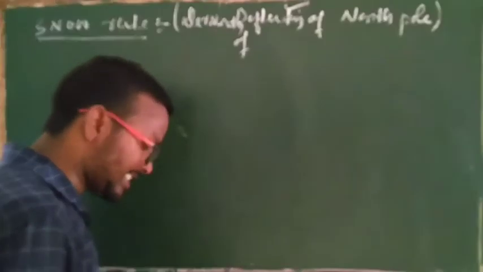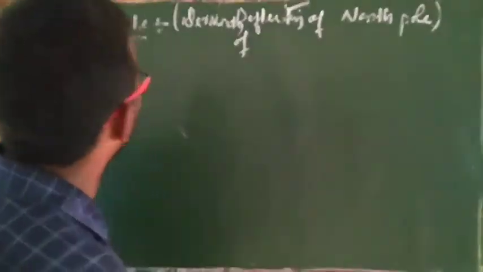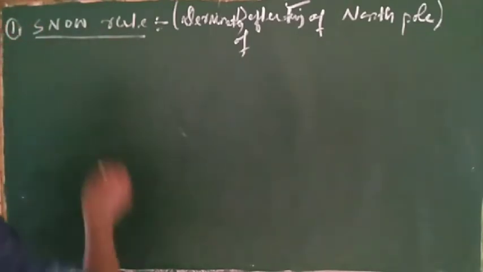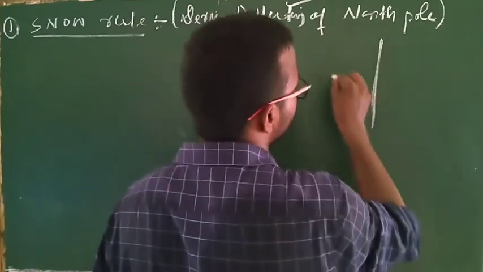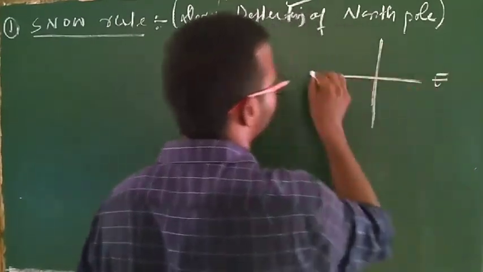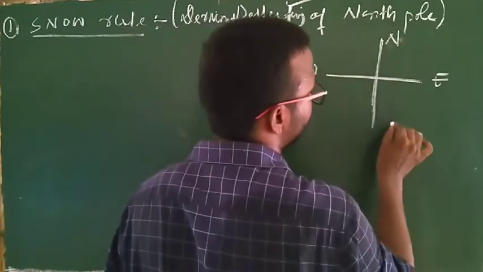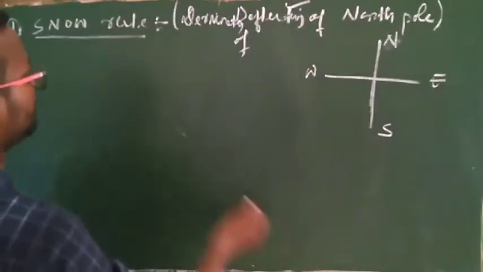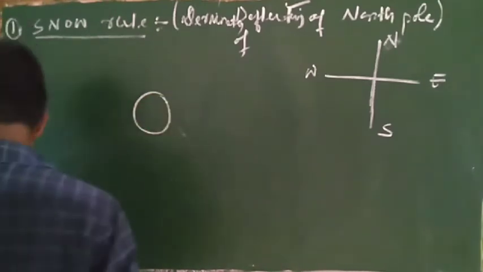So for the direction of deflection of the north pole, if we place a magnetic needle near a current carrying wire. Clear? And this first rule is known as Snow rule. This is the direction of east, west, north, south.